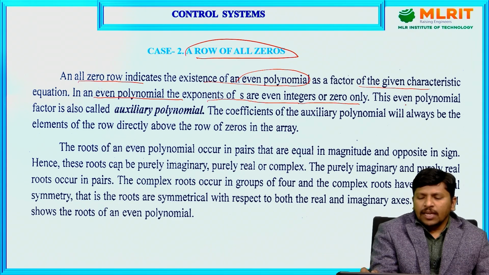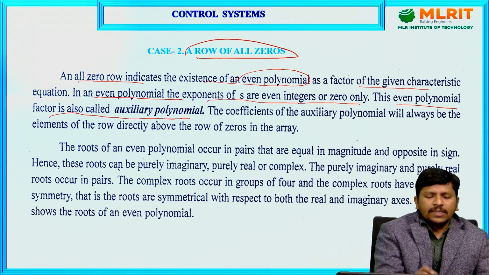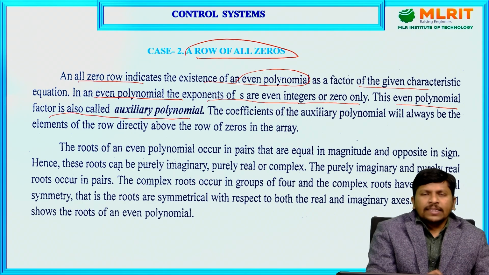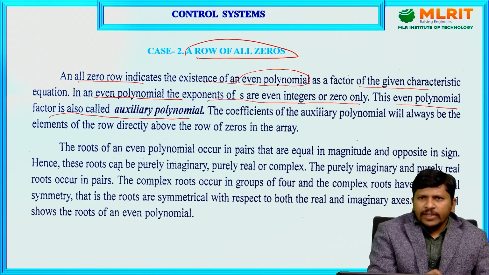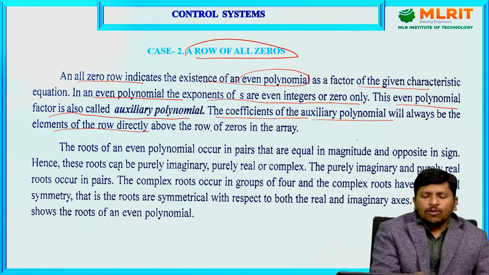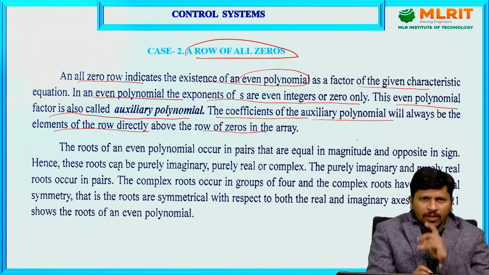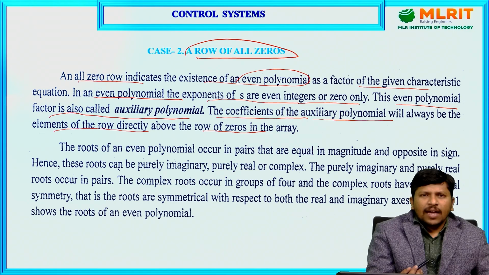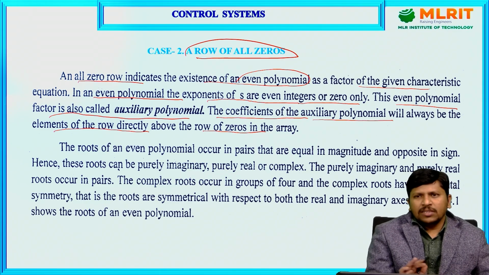This even polynomial factor is also called the auxiliary polynomial, and it is always in the form of even powers of s only. The coefficients of the auxiliary polynomial are the elements of the row directly above the zero row. How do we calculate the auxiliary polynomial equation? We take the row above the zero row; that is the auxiliary polynomial.